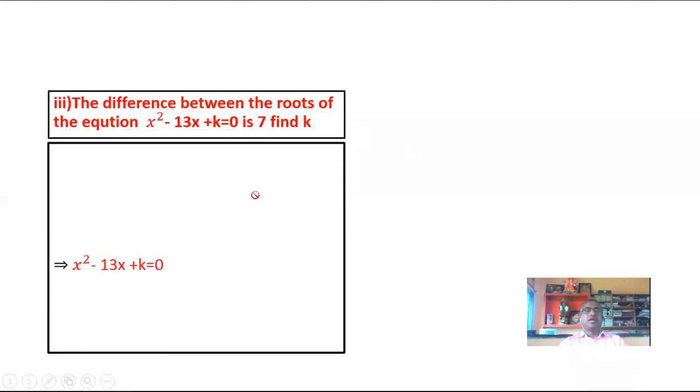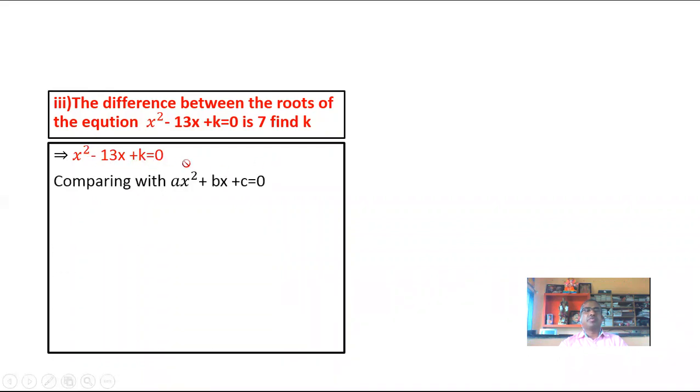The difference between the roots of the equation x square minus 13x plus k is equal to 0 is 7. Find the value of k. Given quadratic equation is x square minus 13x plus k is equal to 0.